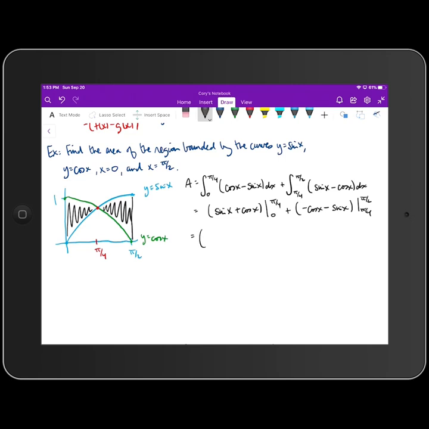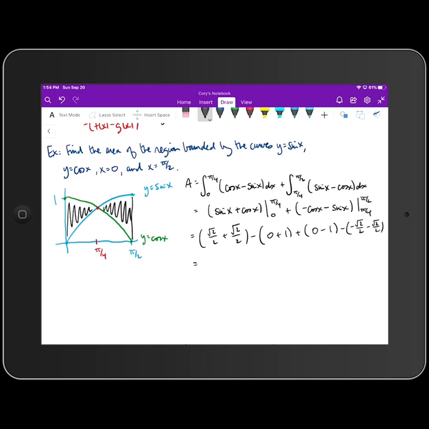Okay, so we're just going to evaluate the antiderivatives at the limits of integration. The sine of pi over 4 is rad 2 over 2, plus the cosine of pi over 4 is also rad 2 over 2, minus the sine of 0 is 0, plus the cosine of 0 is 1, plus negative the cosine of pi over 2, which is 0, minus the sine of pi over 2, which is 1, minus, and then negative cosine of pi over 4 is negative rad 2 over 2, minus the sine of pi over 4, that's rad 2 over 2.